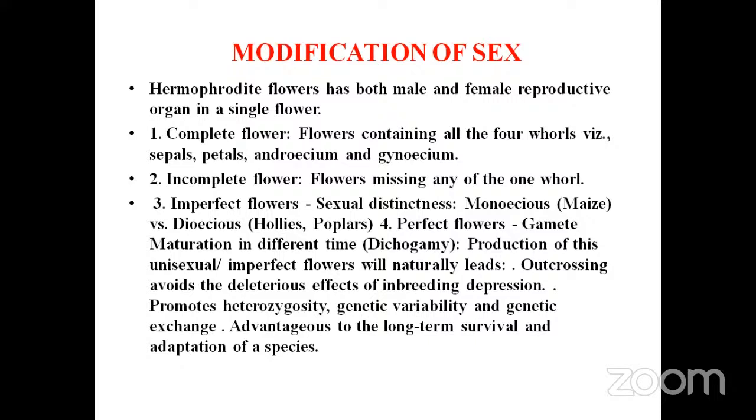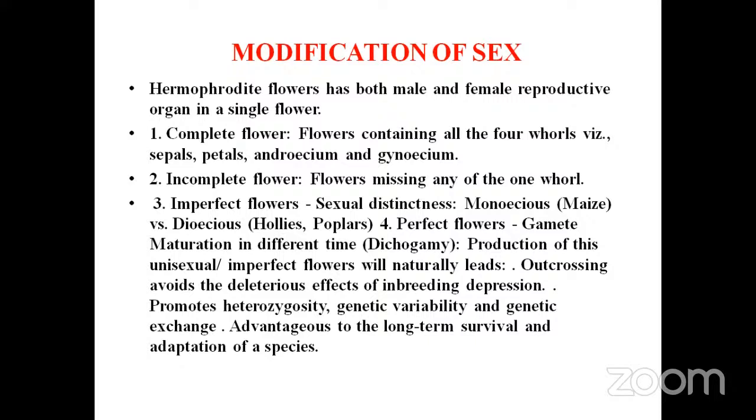Dioecious means the male flower and female flower are on different plants. Perfect flower means the gamete maturation happens at different times; if the gamete maturation happens at different times, that is called dichogamy. This type of flower is called a perfect flower.